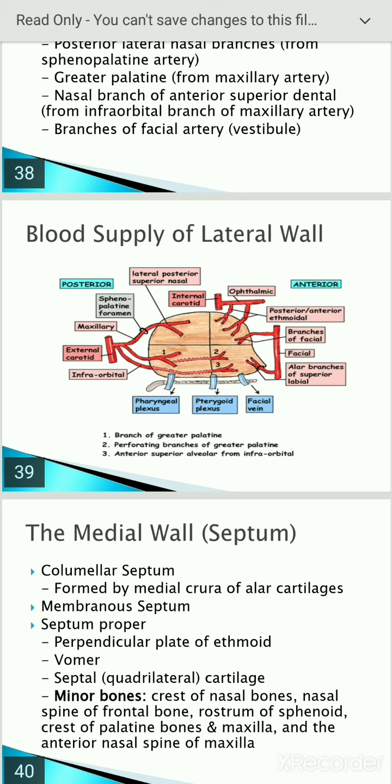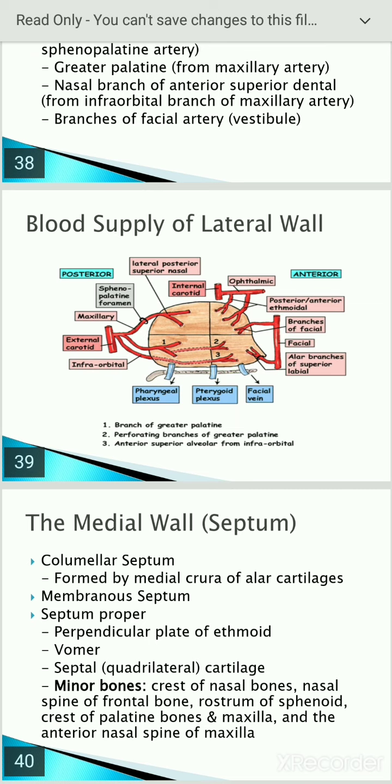And if we look at the posterior part of the nose, we see branches from the internal posterior superior branch, sphenopalatine artery. It's a branch of the maxillary artery, and there are also many plexuses like the pharyngeal plexus, pterygoid plexus, and facial vein. These are the veins which carry venous blood.